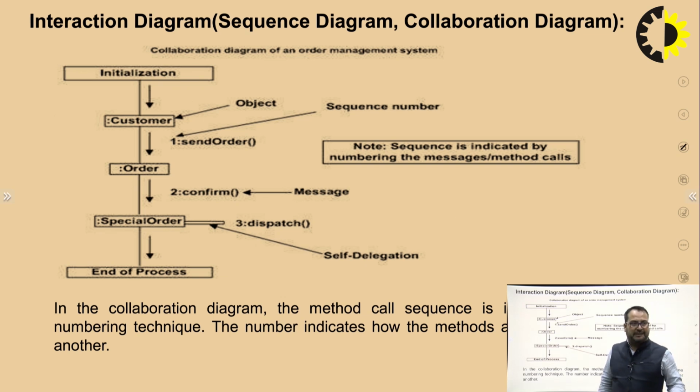But if we explicitly mention this is the first, then second, then third, and keep a numbering system, then this comes under the collaboration diagram. So we would have initialization, then customer order, special order, end of the process, like 1, 2, 3, and 4. In the collaboration diagram, the method call sequence is indicated by a numbering technique, and in the sequence diagram it is not mandatory.